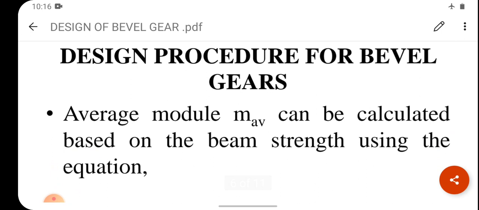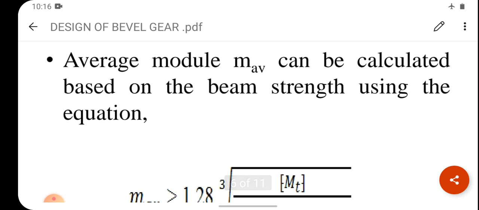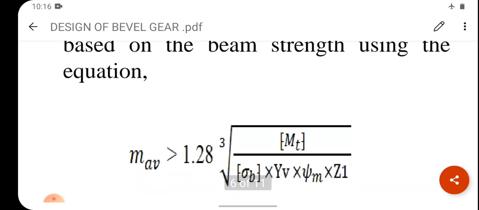Next part of design for bevel gear, average module m average can be calculated. M is module based on the beam strength using the equation. So module of all gear should be same. So for that, here average module can be calculated by this formula, that is m average greater than 1.28 cube root of Mt upon sigma b into Yv into psi m into z1.